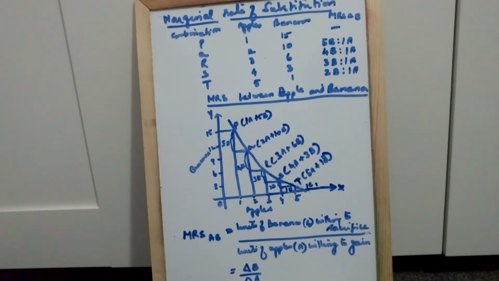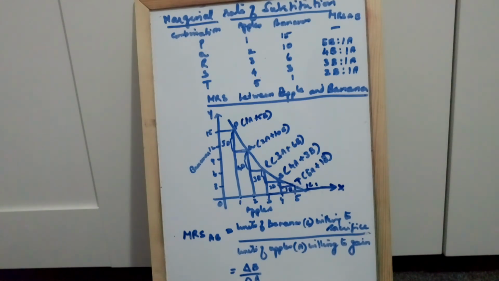So in this example, combination P has only 1 apple, and therefore apple is relatively more important than bananas. Due to this, the consumer is willing to give up more bananas for an additional apple. But as he consumes more and more apples, his marginal utility from apples keeps on declining. As a result, he is willing to give up fewer and fewer bananas for each additional apple.